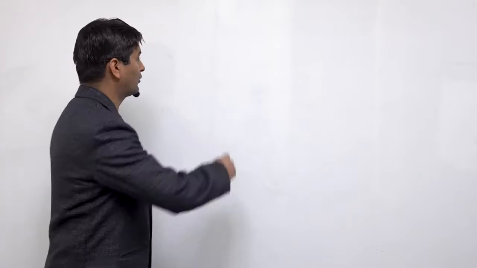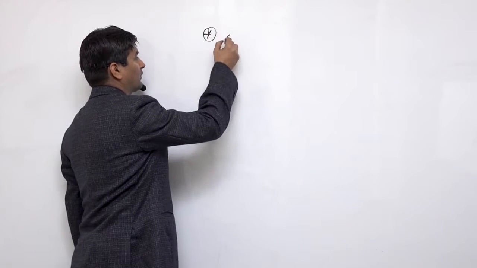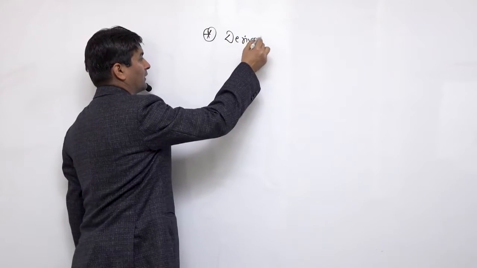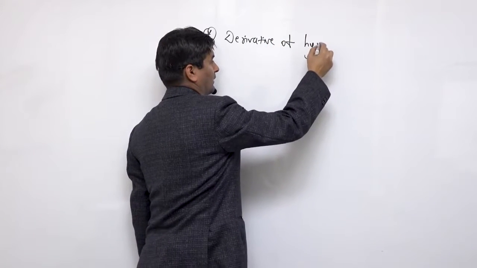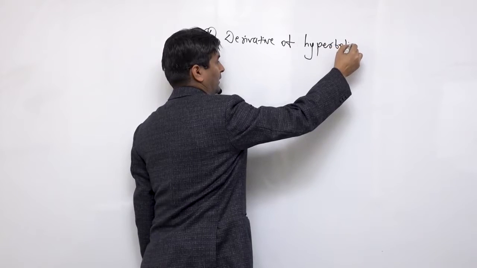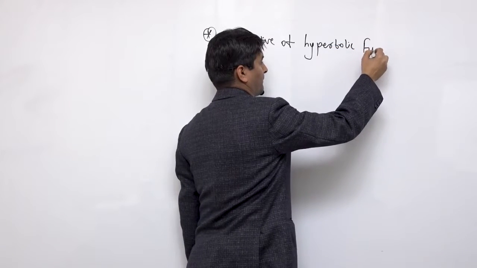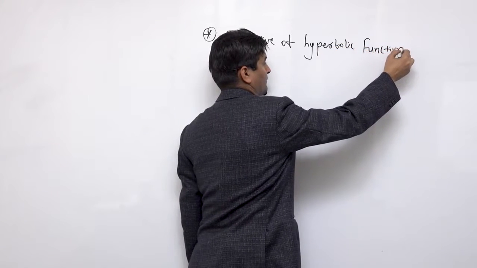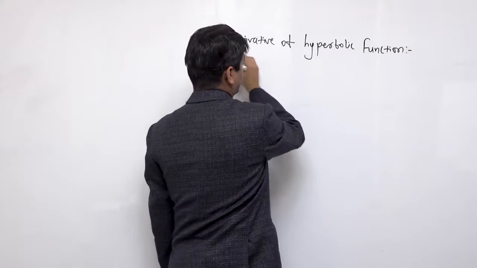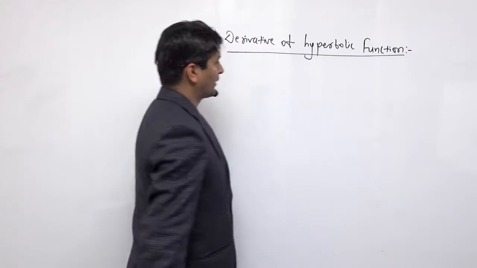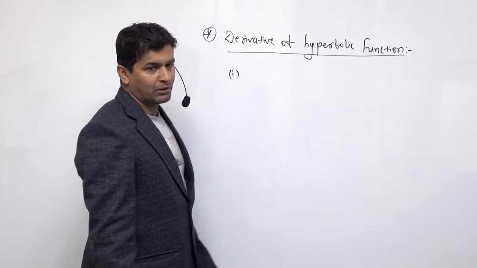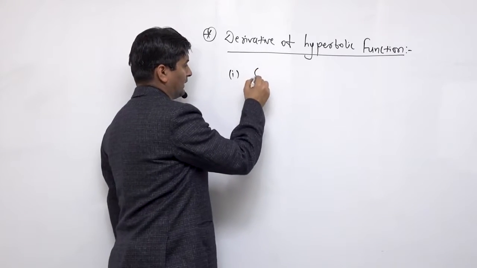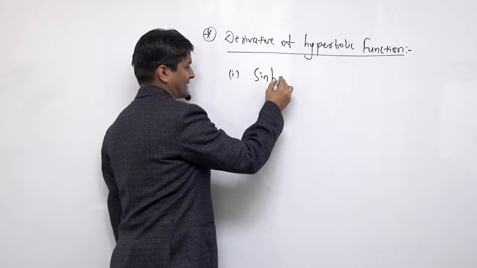We'll go in derivative of hyperbolic function. At first, hyperbolic function is denoted by sin hx.